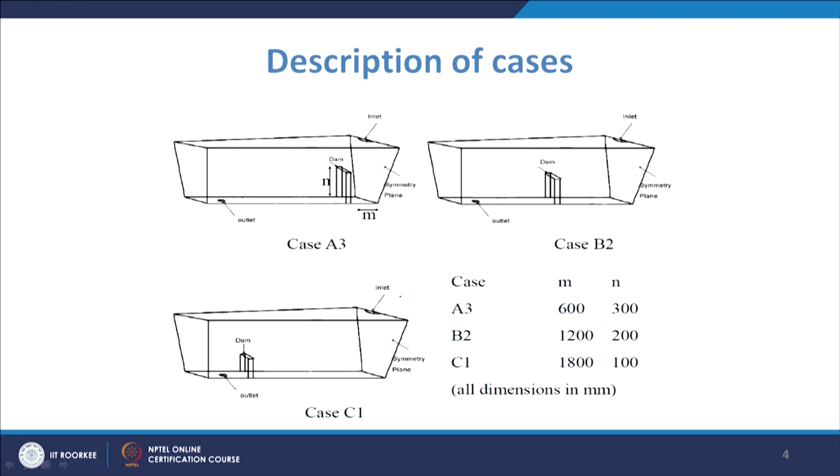So, A or B or C: A is closer to the inlet, B is somewhat distant, and C is quite far, near the outlet. Similarly, the subscripts 1, 2 and 3 refer to the different heights we are taking. So, the height of that flow modifier, that is the dam especially, we have taken so that its effect will be seen on these parameters.